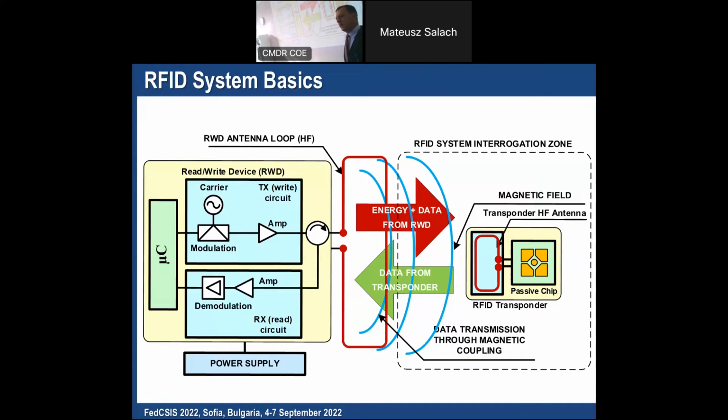So we are thinking about making the process more efficient. Our research focuses on two areas. One is related to the reader-writer device, and the other is related to the structure of the grid. I will now explain both of them.